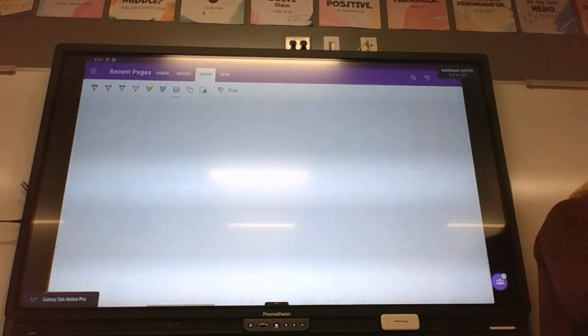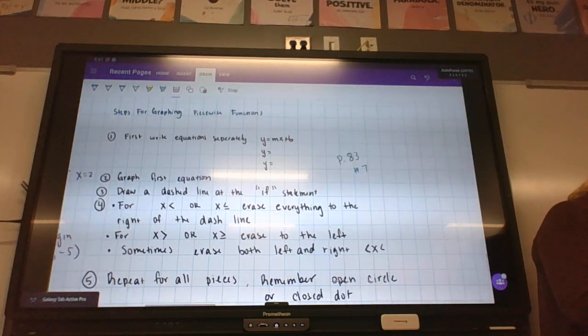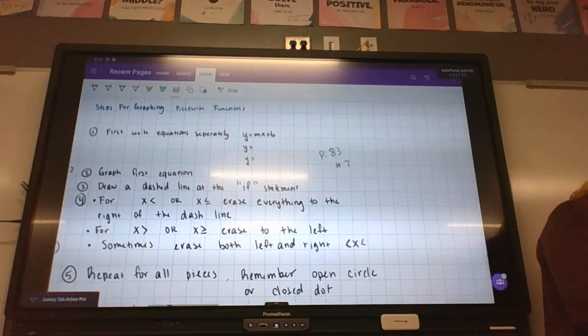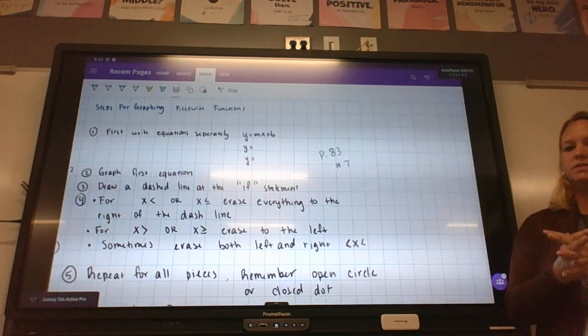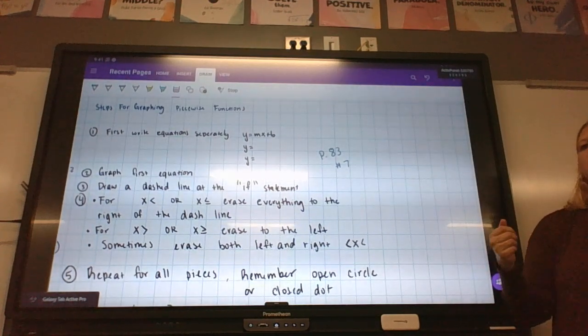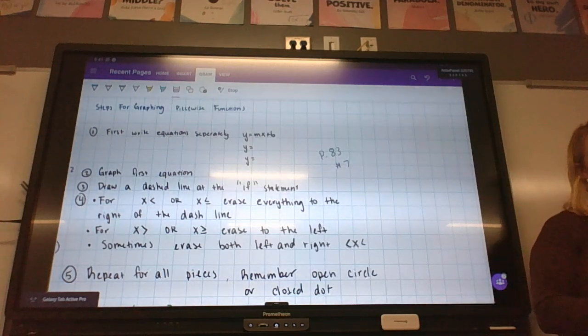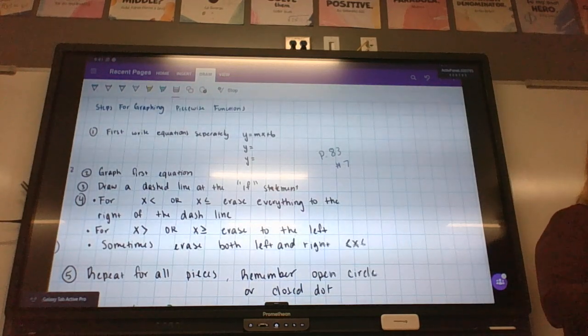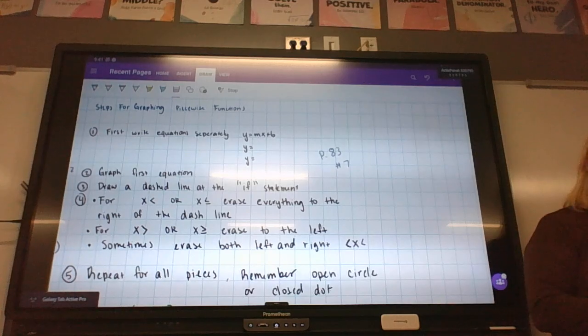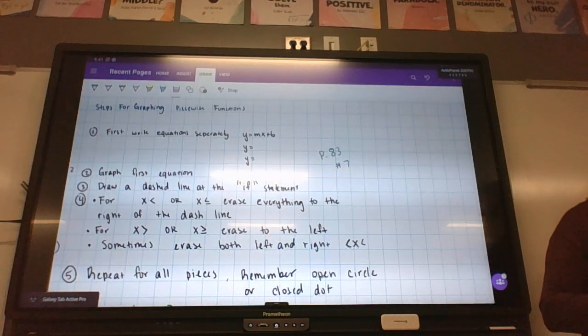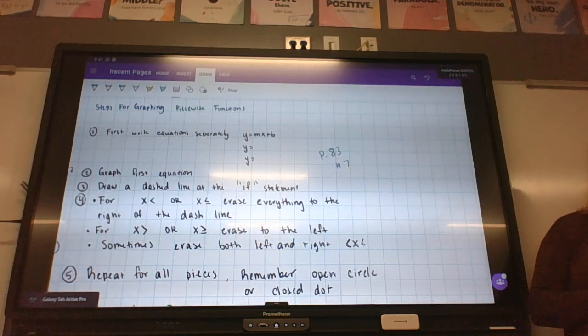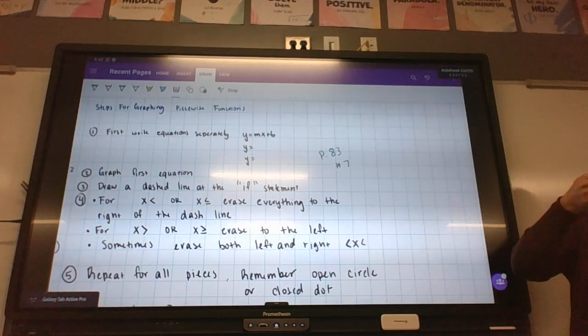Here are the steps that I just walked you through. I fully recommend you read the book steps. I heard someone say they were confused yesterday, so they went to the online book and watched the video, and it helped them. You have a lot of resources with this textbook. They use the QR code.